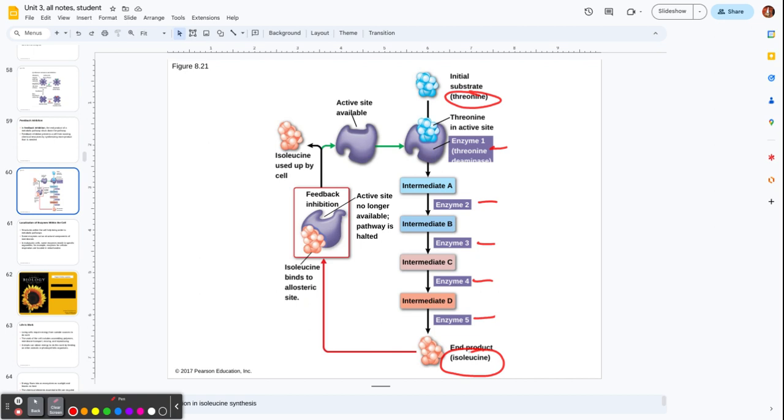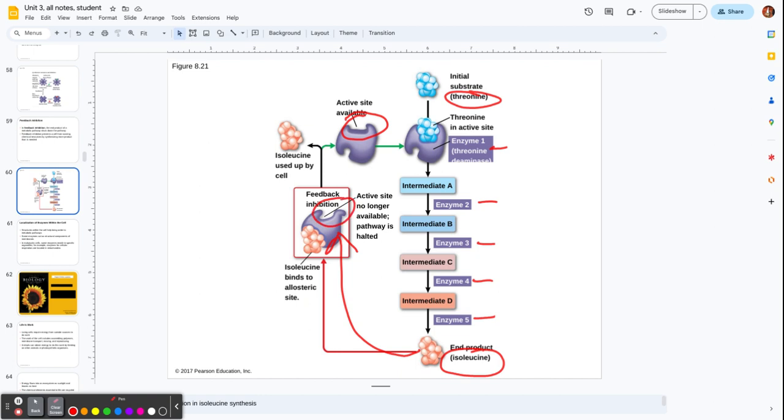It's basically you're just going from one amino acid and making it into a different amino acid. When enough of that isoleucine has been made, that is the product, the end result of that last reaction, it's going to come back to that purple. Remember, proteins are usually purple. In this case, it's an enzyme that we're looking at. It's going to change that shape. This is what the active site's supposed to look like.